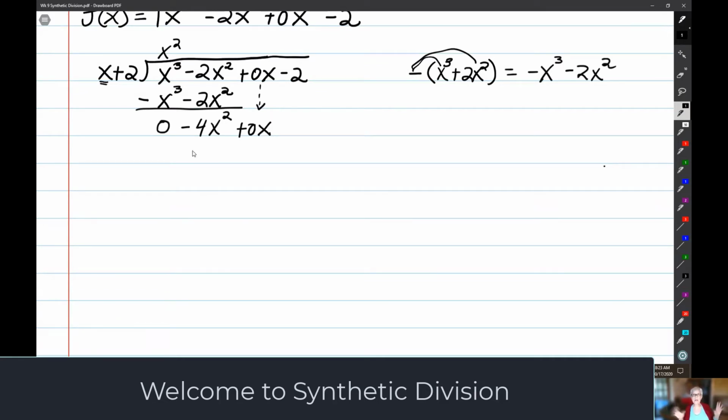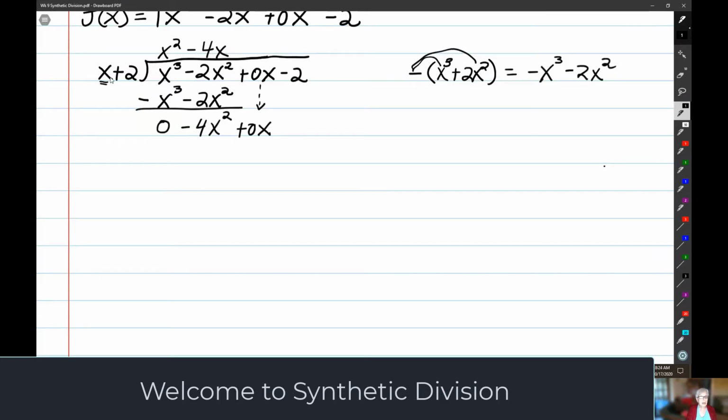All right, now I start this process over again. What do I multiply x by in order to get negative 4x squared? That would have to be minus 4x. It would be negative 4x, but when I put it up here, it becomes a minus sign.